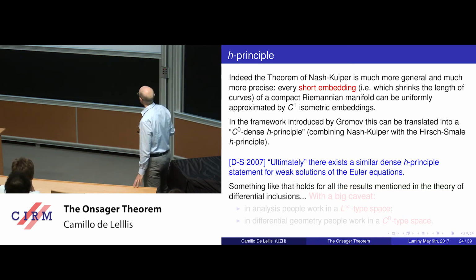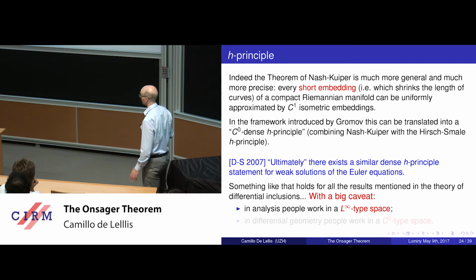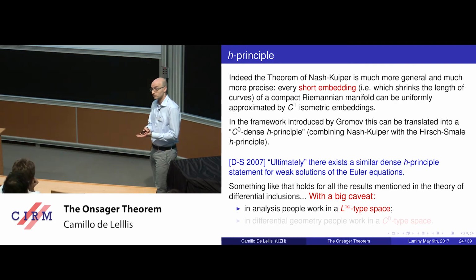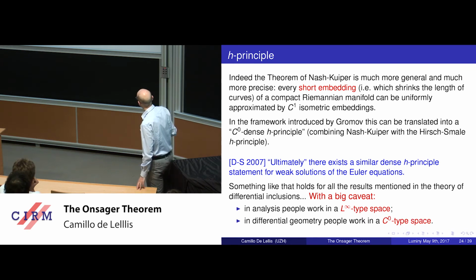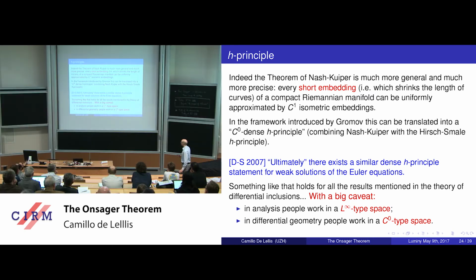Of course, there's a big caveat. In analysis, people usually work in the L infinity space, and so our result was for L infinity solutions. Whereas in geometry, in the words of Gromov, no self-respecting geometer would work in these types of spaces. They would work in C0 type spaces.